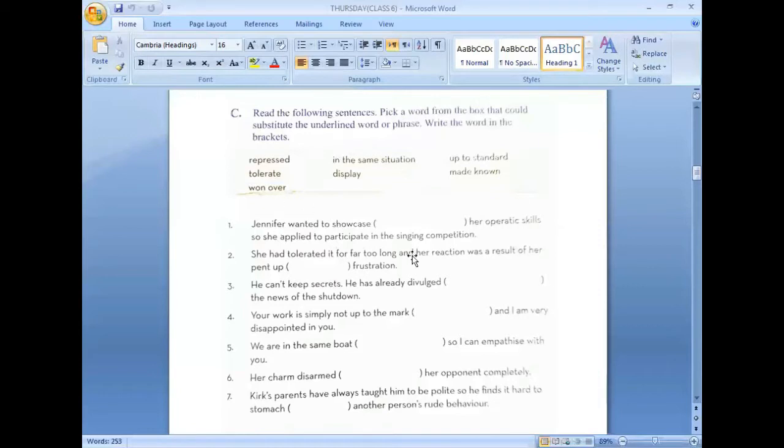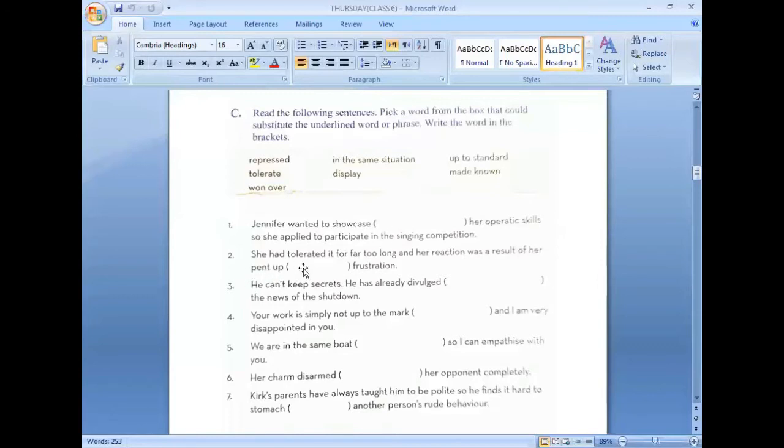So now it's easy for you to understand what word will substitute showcase. So display will come. Jennifer wanted to display her operatic skills, so she applied to participate in the singing competition. Is it clear now? So in number one, display is the answer as a substitute for the word showcase.